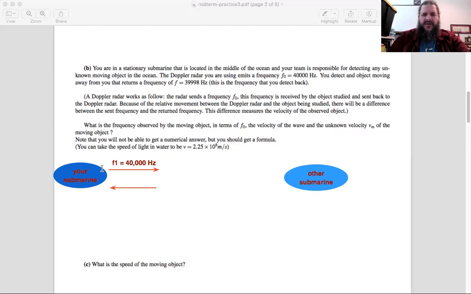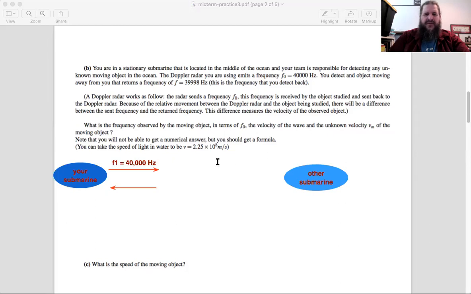This ray of light is traveling from your submarine, and then it does what? Does it just keep going forever? Yeah, it's going to reflect back.